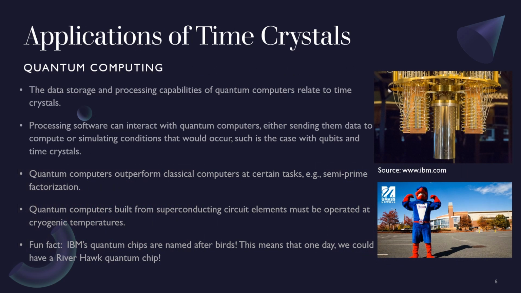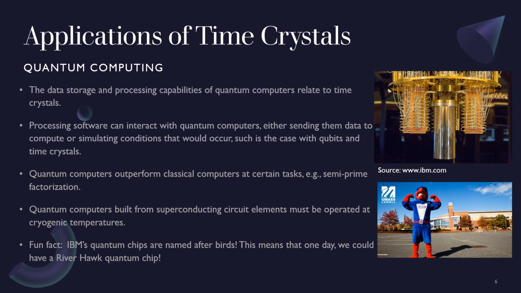So what are the applications of time crystals? Time crystals have to do with data storage, processing capabilities, and quantum computers. Processing software can interact with quantum computers: we send them data, they send us results, or we can just simulate what would happen, such as in the case of qubits and time crystals.